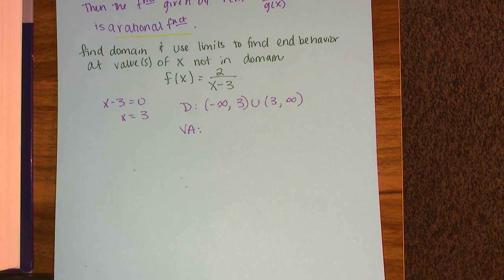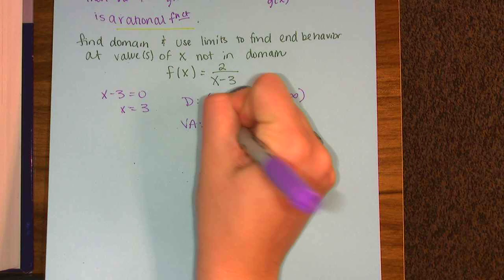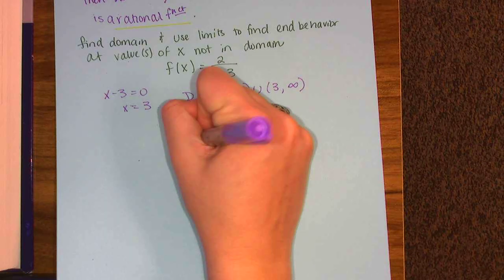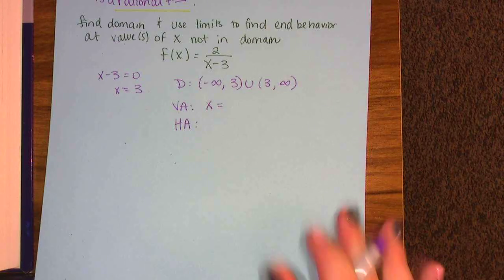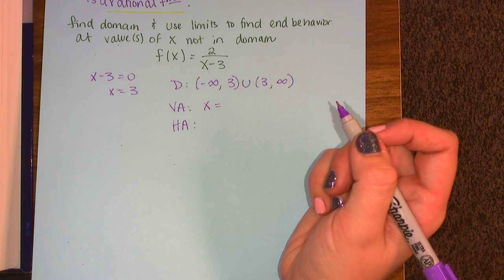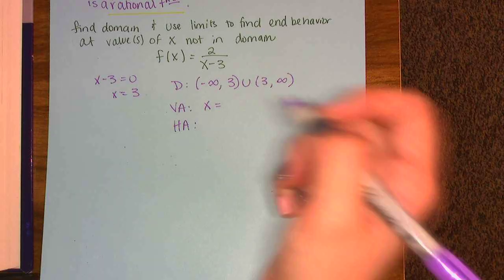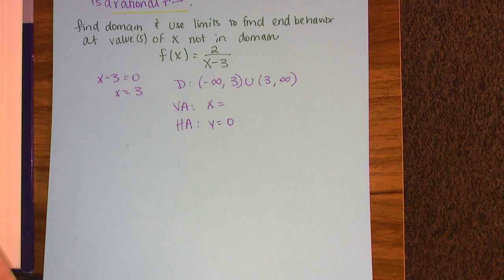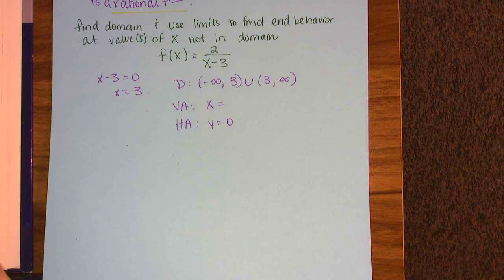X equals what? Okay, a lot of people are saying this one. So what's the horizontal asymptote then? Okay, remember your clown poem. So then what's the vertical asymptote? Clown poem goes with the horizontal.